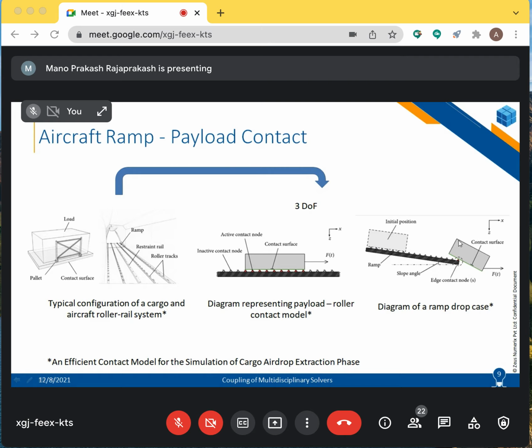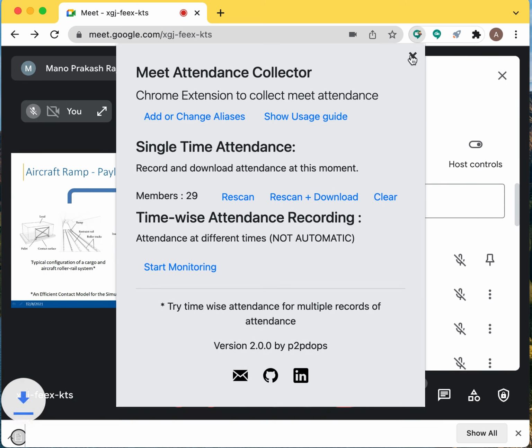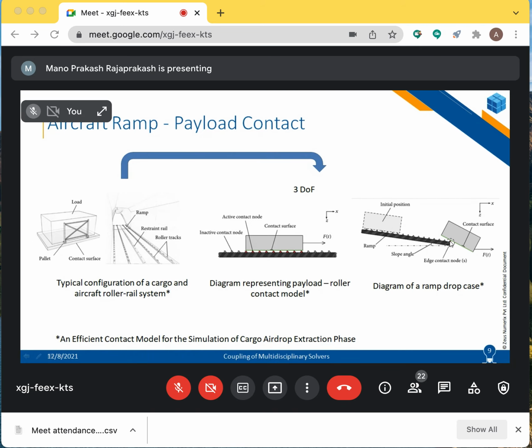As the payload moves out of the ramp, since the CG has crossed, it has already started pitching. So at this position, I have more than one contact point, but at this position, as you may see, I'm having only one contact point. This is called a single contact point, which is the edge contact point.